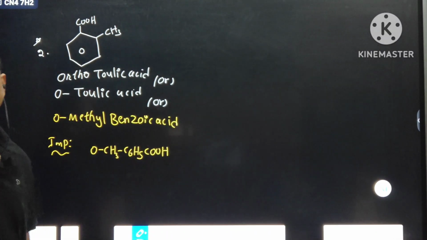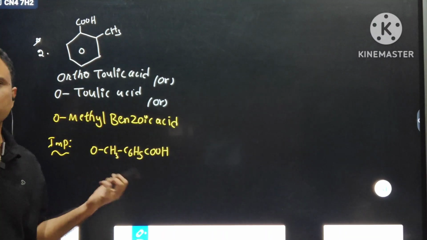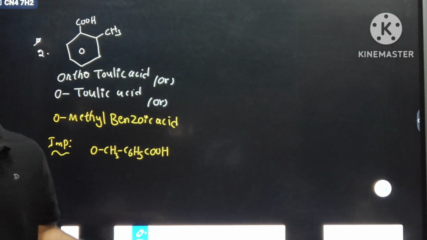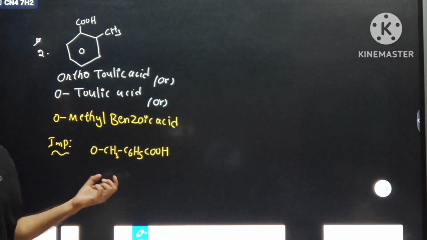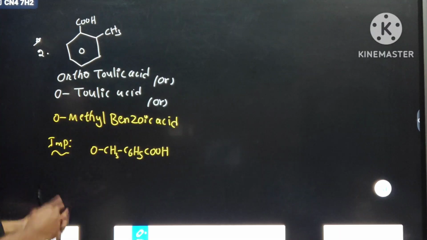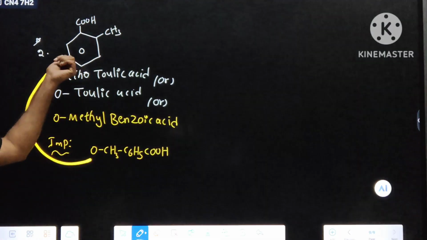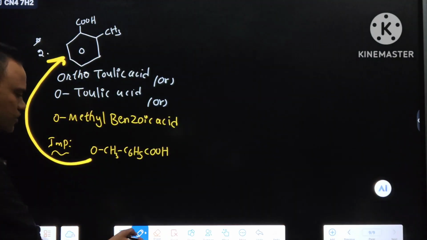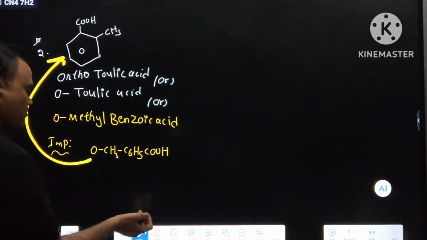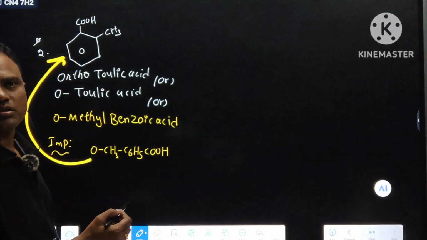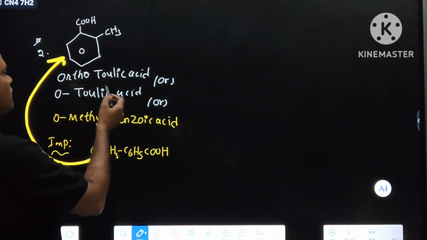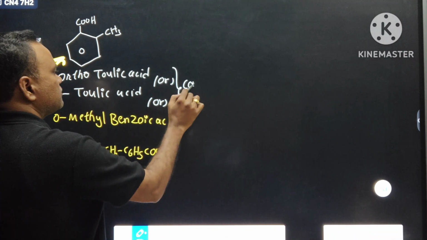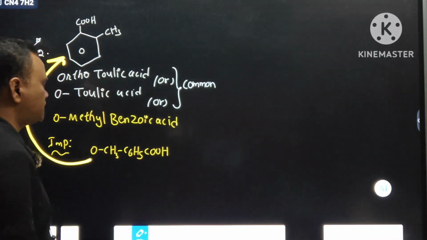You have to identify it like this. If you get a representation like this, you have to identify it. Clear? Sometimes you won't get the complete structure here, so in this case only you have to take care. How to identify its structure? Orthomethyl benzoic acid. Commonly called, the common name is toluic acid.